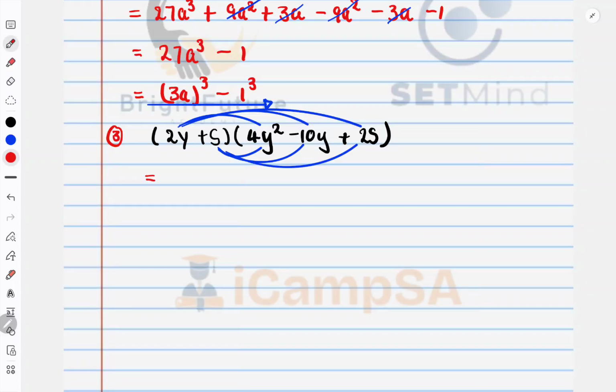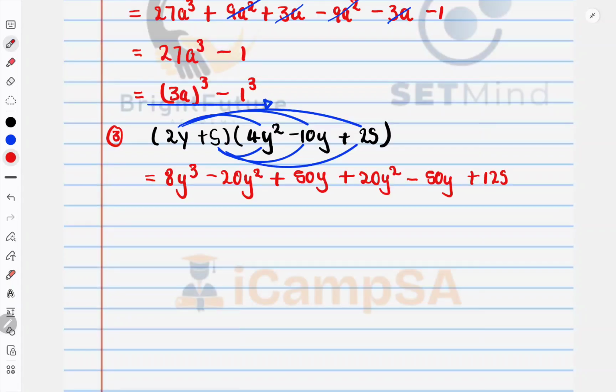2y multiplied by 4y squared will be 8y cubed. 2y multiplied by negative 10y is minus 20y squared, plus 2y multiplied by 25 will be 50y. Then 5 times 4y squared is plus 20y squared, 5 times negative 10y will be minus 50y, and 5 times 25 would be equal to positive 125.